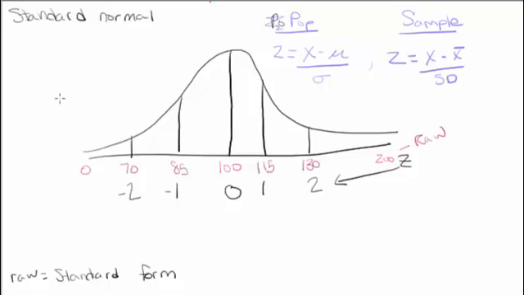Now for IQ tests, it's been a while, this may have changed, but last time I checked, we know that the mean is 100, the standard deviation is 15. So if we wanted to say, okay, with a raw score, so I'm going to do that with x, you could see it as x sub i.